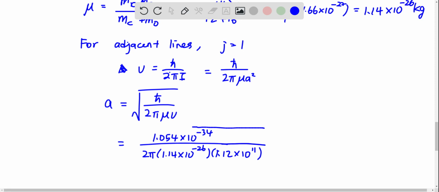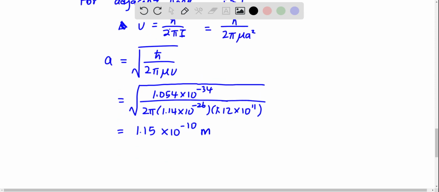After that, you take the square root. Calculate this, and you get 1.15 times 10 to the negative 10 meters. So this is the answer for part D, and that's all for this question.